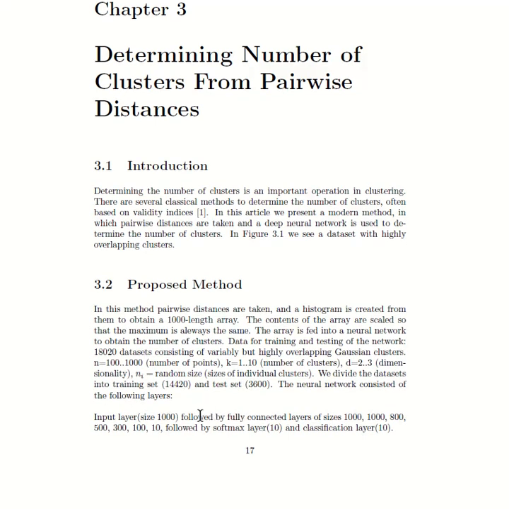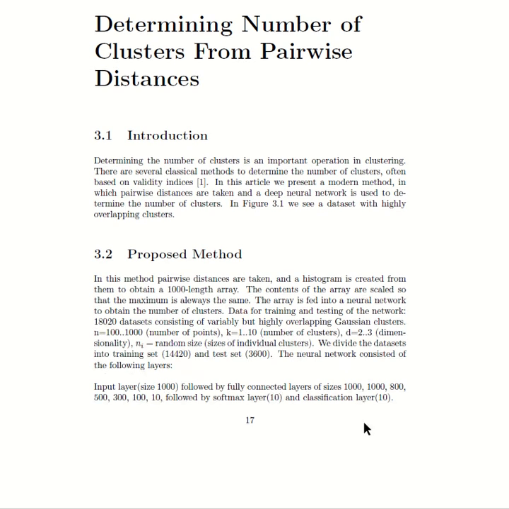And there are, as I said earlier, this input layer is size of 1,000, and then it's followed by fully connected layers of 1,000, 1,800, 500, 300, 110, and then a softmax layer and classification layer.